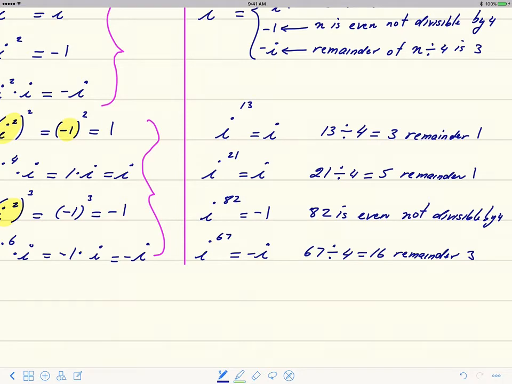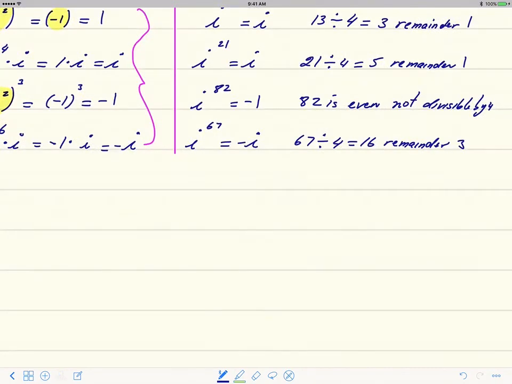I admit, this is not the best way to think about it, but it's interesting because it repeats every 4, and so division by 4 makes sense, and what's left over. A good model to think about this is to consider the circle, where you start with 1, and then i, and then negative 1, and then negative i.